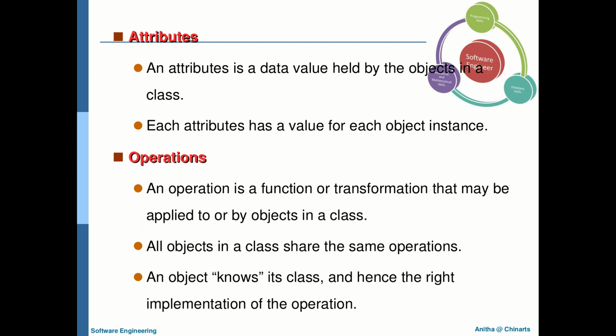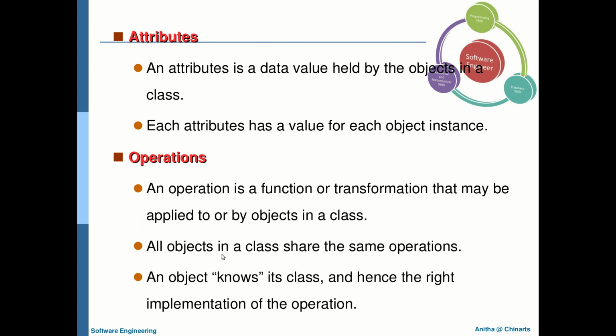Then apart from attributes, each object will have its own functions also, which you call operations. An operation is a function or transformation that may be applied to or by objects in a particular class. So it will be applied to an object or applied by the object. For example, addition of two matrices is a function applied to that particular object.